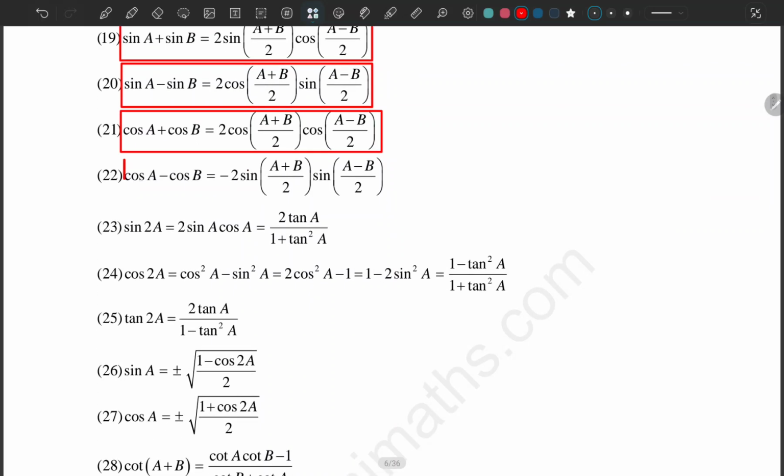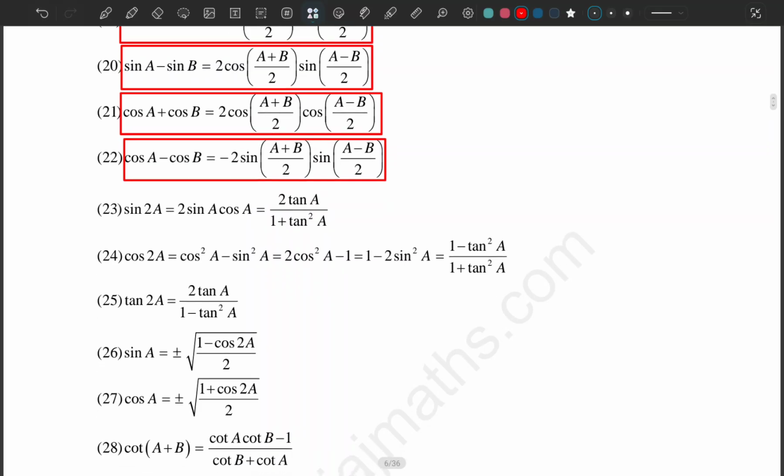And here comes the catch, the improper or abnormal one. Cosine of a minus cosine of b is minus 2 times sine of a plus b over 2 times sine of a minus b over 2, right? Okay, please remember this formula, this is quite important.